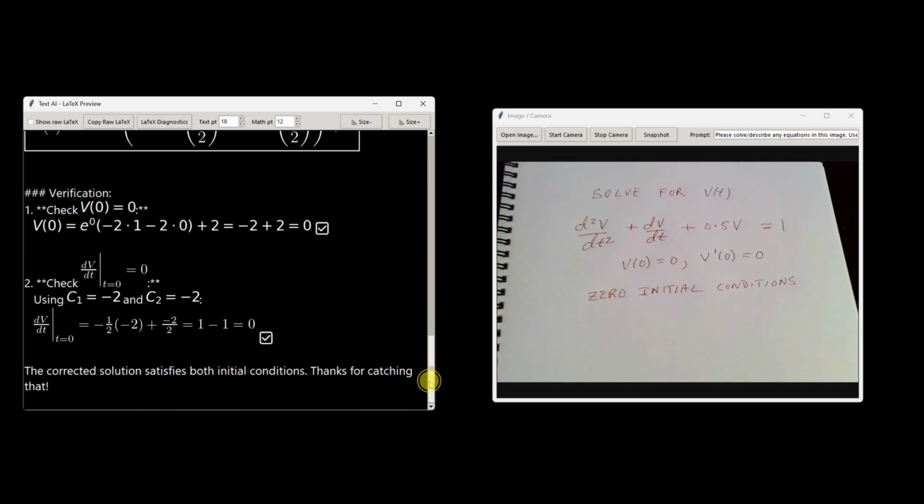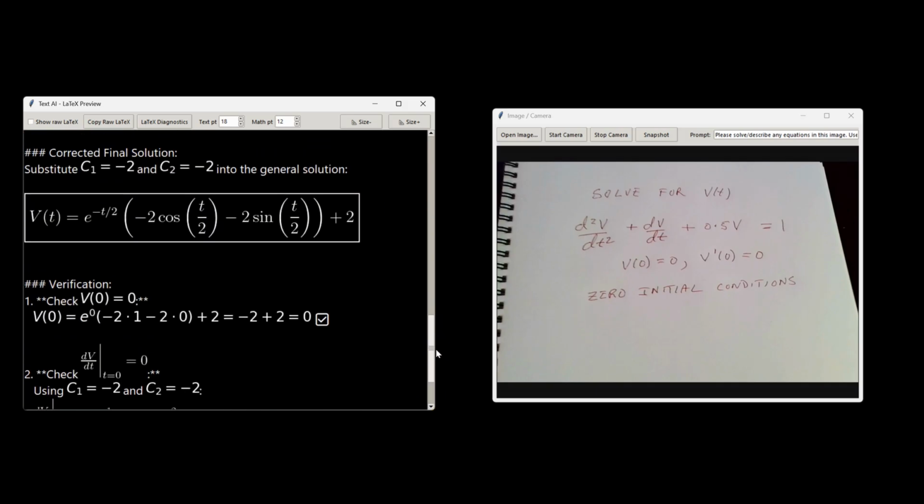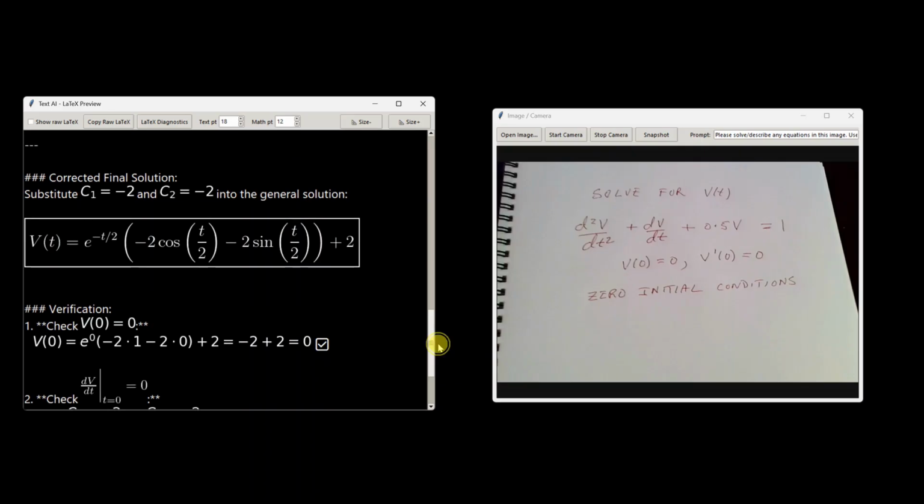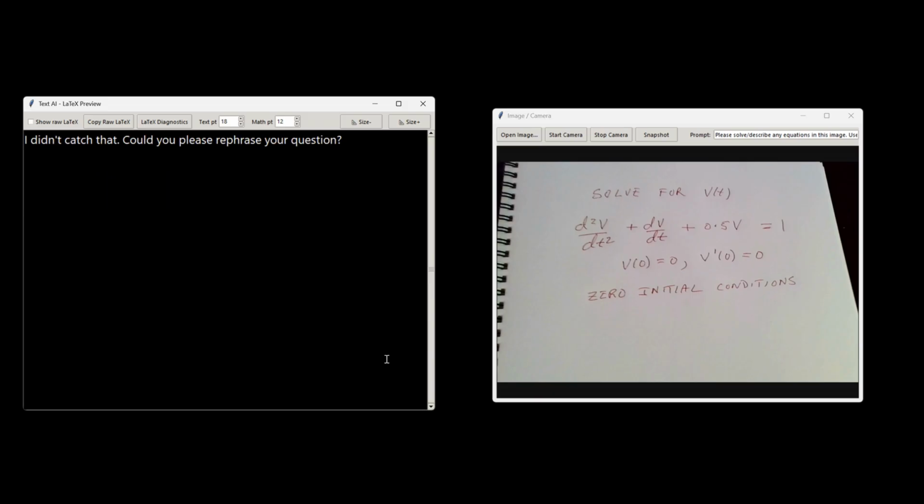Let's carefully verify the solution step by step. The issue likely lies in the derivative calculation for the initial condition dv over dt at t equals 0 equals 0. Revisiting step 5, derivative calculation. The general solution. Show the final equation.